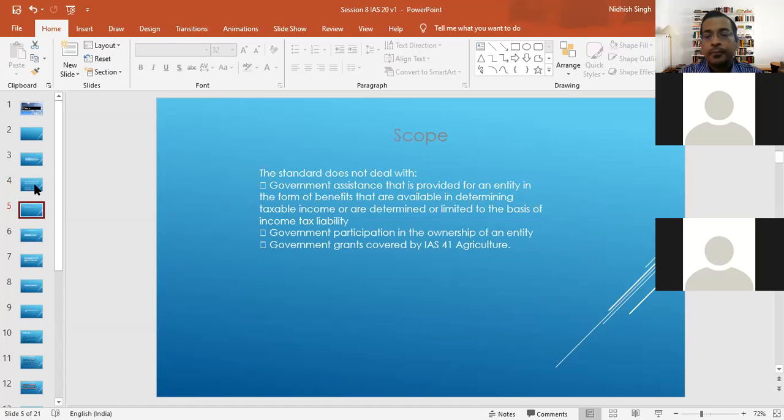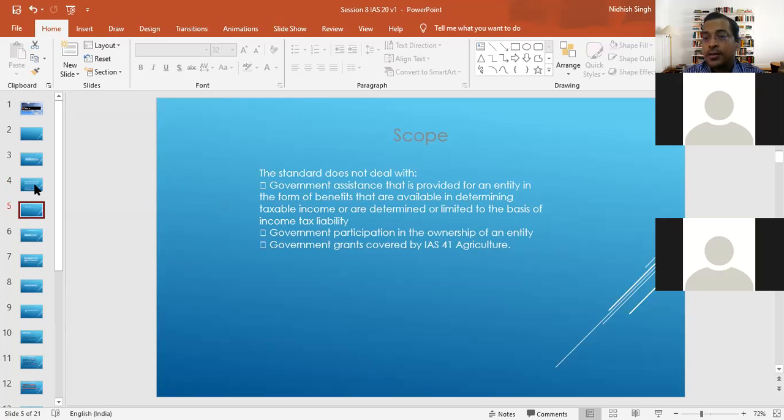What is the scope? We have talked about, recently today itself, IAS 41. That is not part of this. Government also invests in various entities, PSUs and semi-government organizations like IDBI. Government makes some investment like 49 or 50%.